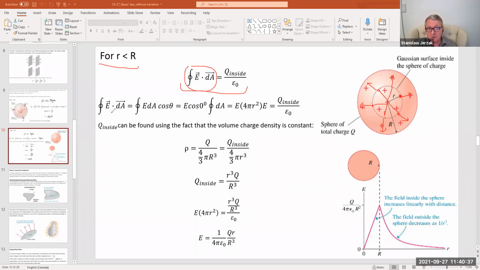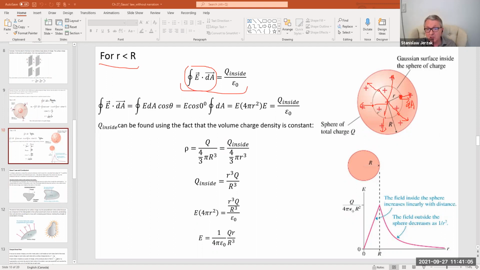So here's the same calculation, that any little area of that spherical Gaussian surface I take, vector dA would be parallel to electric field, because area vector is perpendicular to the surface, which must be along the radial direction. So again, I would have E dA cosine 0. That dot product would give me E dA cosine 0.